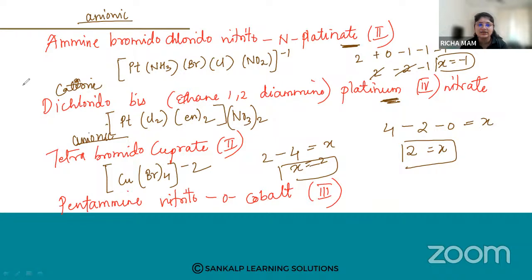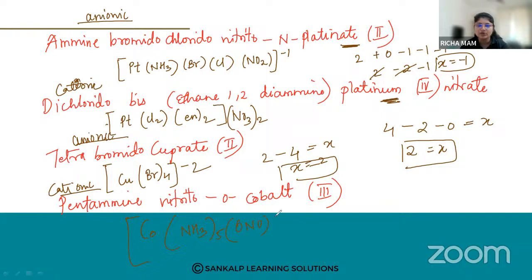Next one, last one. So cobalt means this is a cationic complex. So cobalt, then how many amines? Penta. So 5 amines. Then what you have? Nitrito O. Nitrito O means ONO.